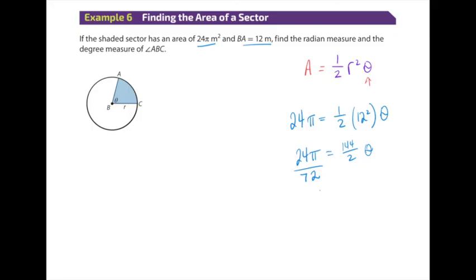You end up getting pi over 3 when you reduce that guy. That is in radians, so that answers part of it. Find the radian measure. This is the radian measure. They also want degrees, so 180 over pi. Pi over 3 is 60 degrees. That's both radian and degree measure.